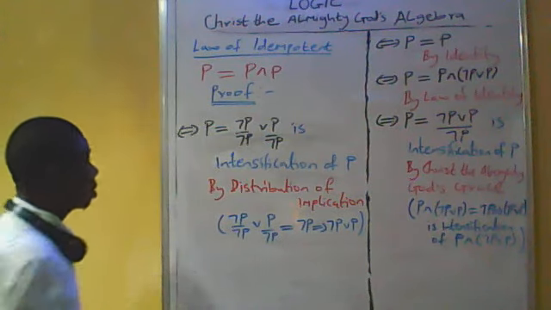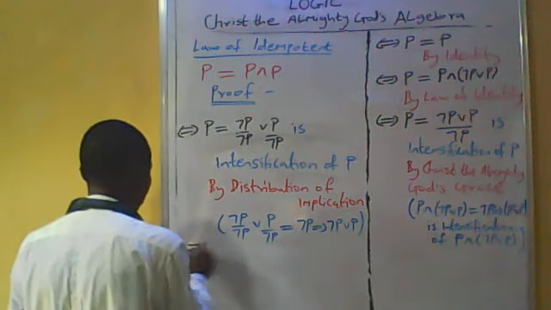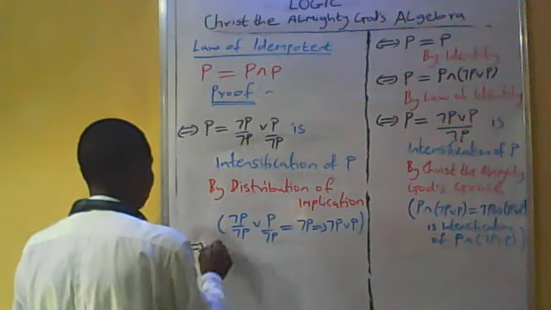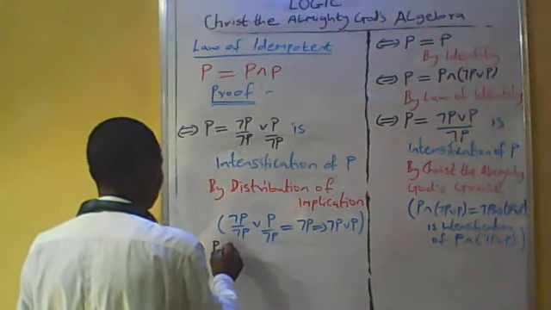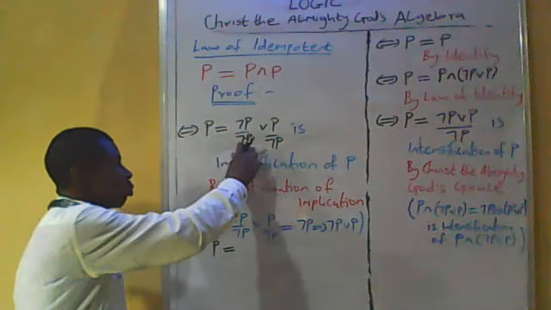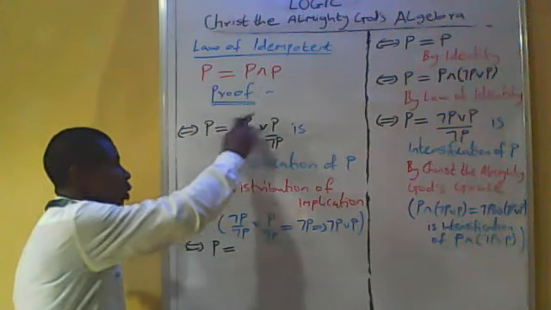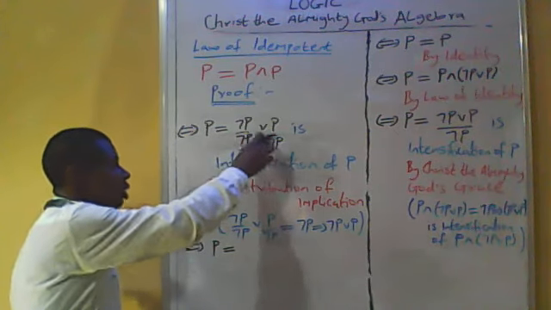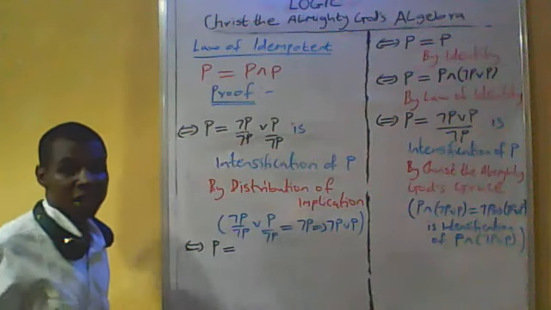So if and only if P is equal to this, not P implies not P or not P implies not P or P implies not P, they are conditional statements.